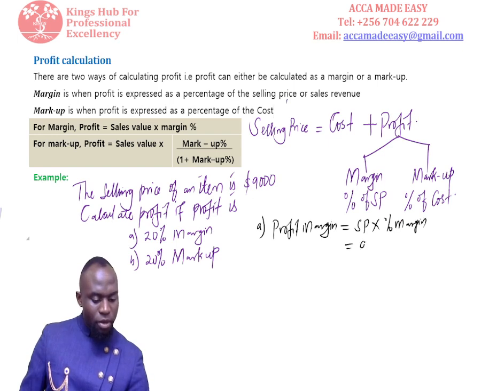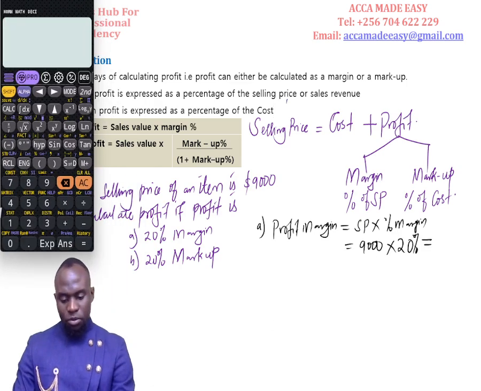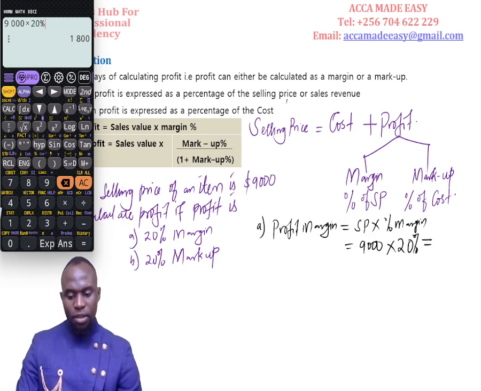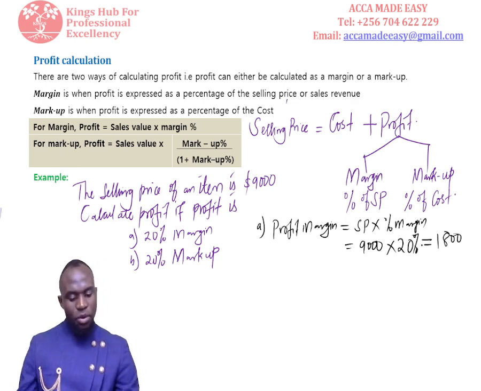So it would be 9,000 times 20%. It is simply 9 times 20%. I do shift, then the percentage. So the profit is 18.